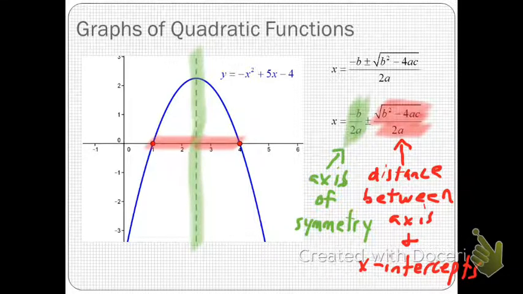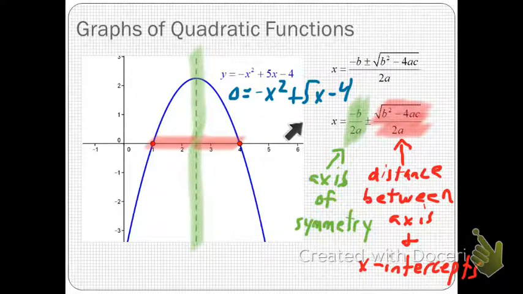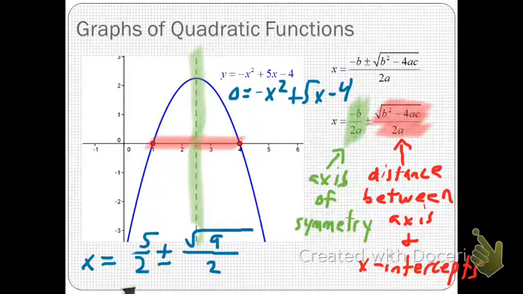Okay, now here's what I'd like to do to show you how that works with the equation that I made for you. If I set that equation equal to 0, which is what you would do if you're trying to find the x-intercepts, you set y equal to 0, and then I plugged -1, 5, and -4 into the quadratic formula, into this form right here, here's what you'd end up with, down here at the bottom of your screen.